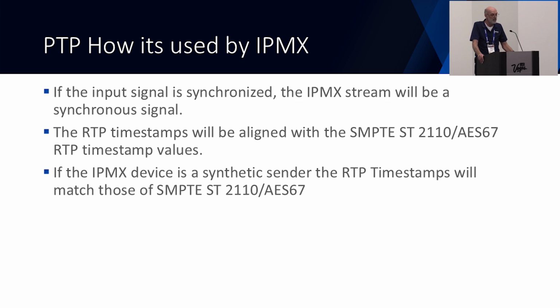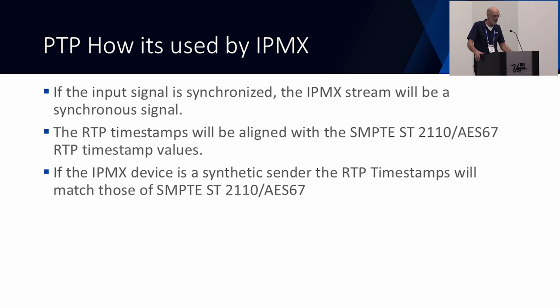So if the input signal is actually synchronized, so if I take a signal that's gen-locked, an SDI signal that's gen-locked, and I feed it into my IPMX sender, and I do everything that I just explained to you, my IPMX signal at the output will be a synchronous signal.